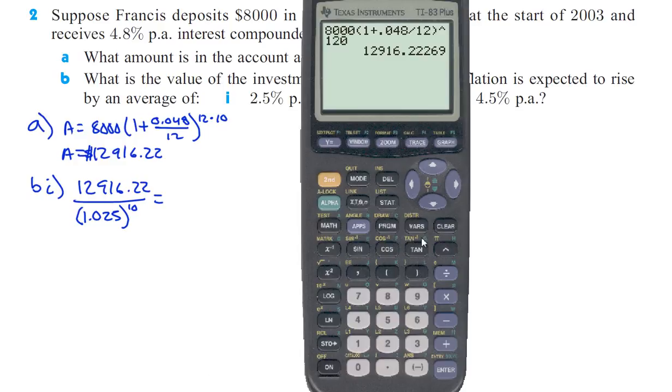So let's try that out. 12,916.22 divided by 1.025 to the 10th. Okay, so we end up getting this here, $10,090.13.